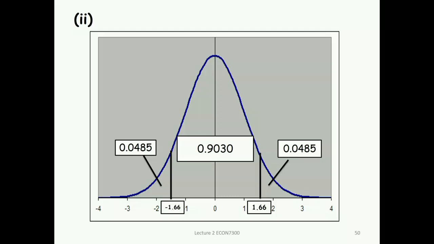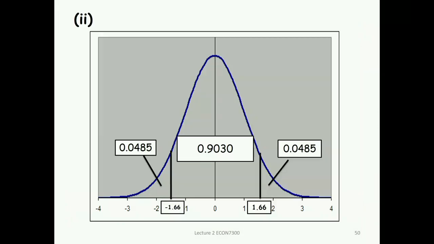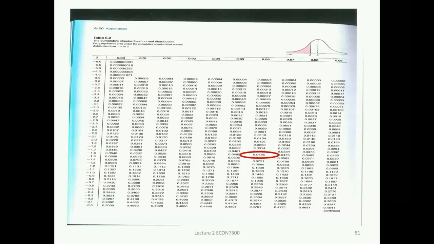So which one is easier to find from the table, this one or this one? The left is always easier. So I go and search for 0.0485 in the table. Once I find this one, I just simply put a positive here. So I go to the table, I try to find 0.0485. To the left of this, if it is 0.0485, what is the Z value? The Z value would be minus 1.66.